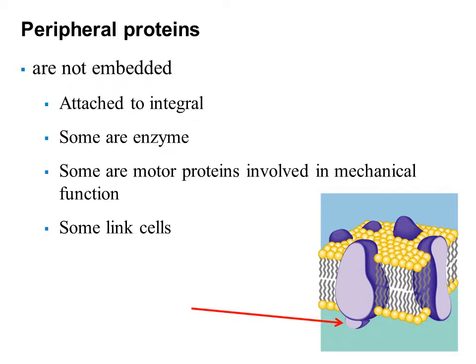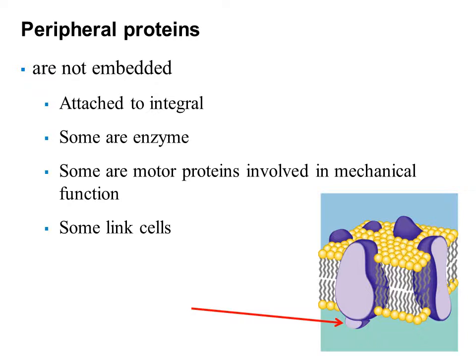Now let's look at peripheral proteins. They are not membrane spanning. They are not embedded. So they don't pierce the hydrophobic interior. They're going to be attached to an integral protein. Some peripheral proteins act as enzymes.